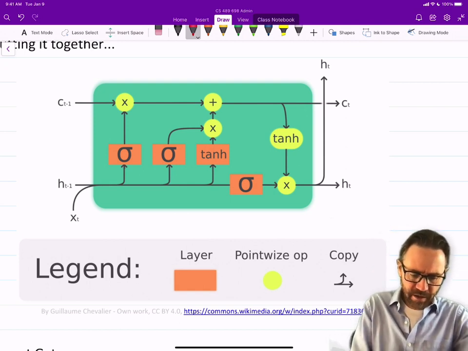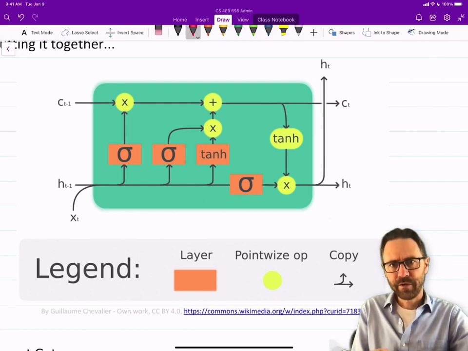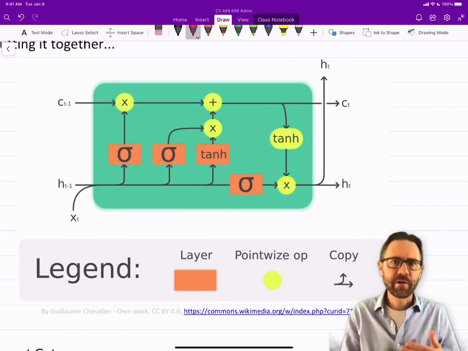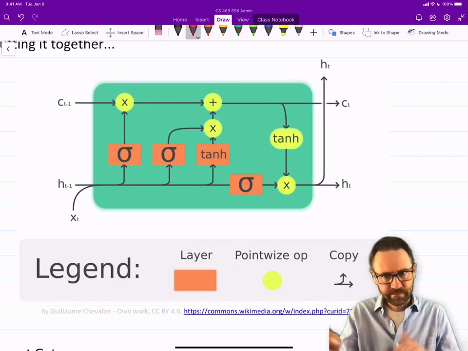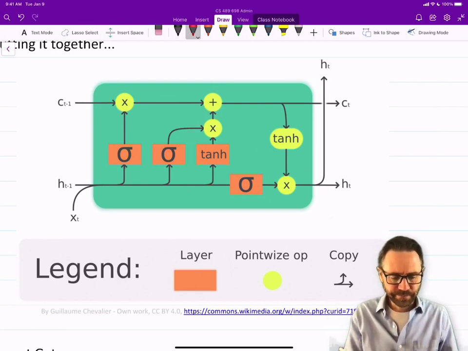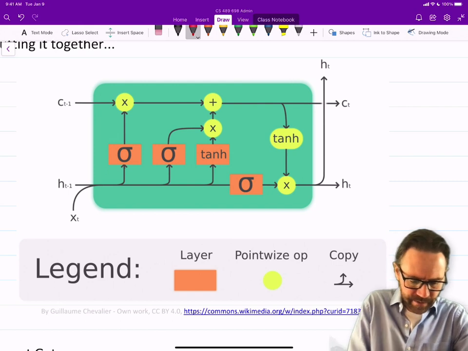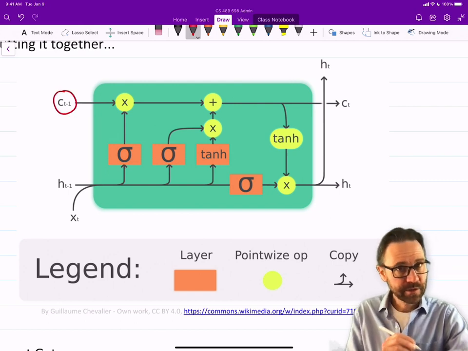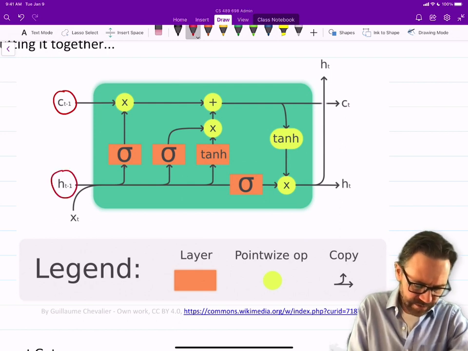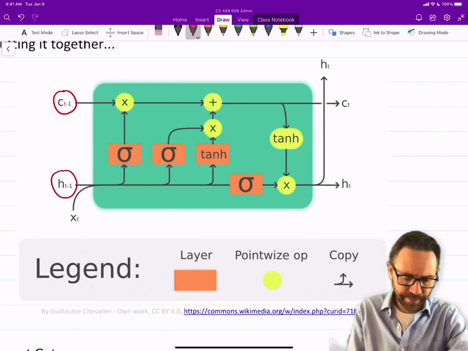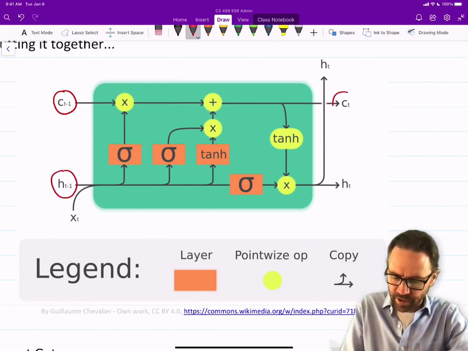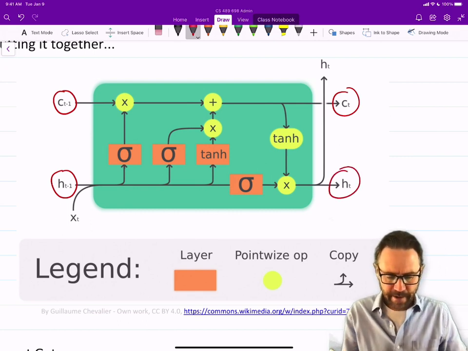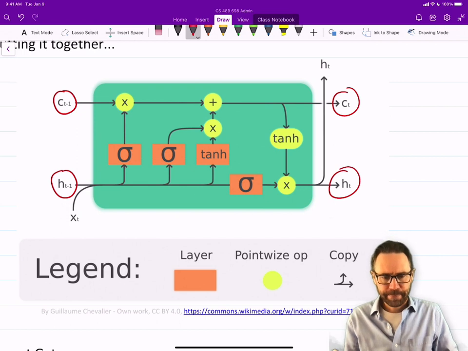So you'll see here, if you were to put this into an unrolled backprop through time context, we're going from left to right, and you can see that the internal state C sub t minus 1 from the previous time and H t minus 1 are coming in from the left, and they're interacting with stuff, and then they're going out through the right. Okay.